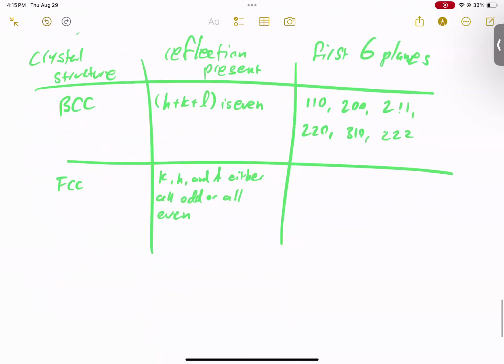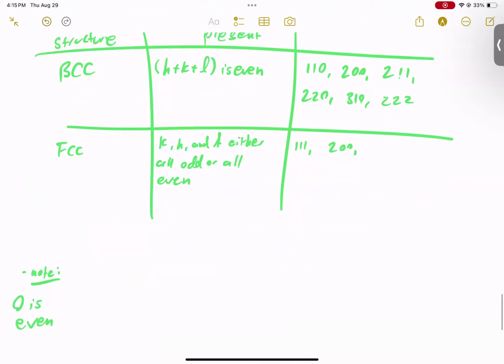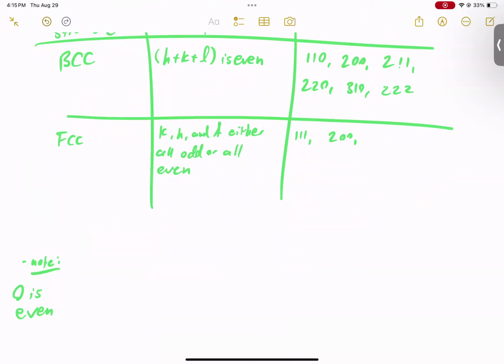So the first 6 planes will be 1, 1, 1, 2, 0, 0, and note that 0 is even, 2, 2, 0, sorry, 3, 1, 1, 2, 2, 2, and 4, 0, 0.